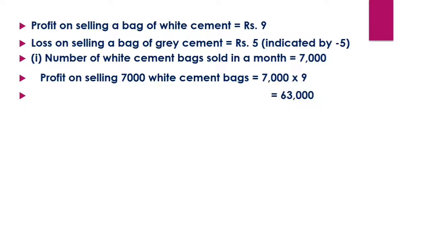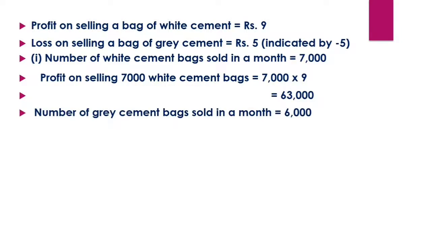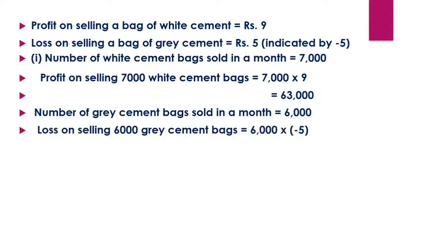The number of grey cement bags sold in that month is 6,000, so loss on selling 6,000 grey cement bags is 6,000 into minus 5, that is minus 30,000.